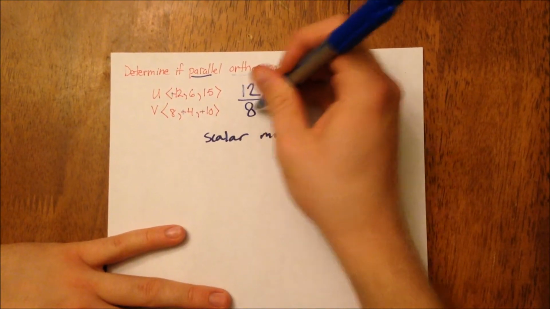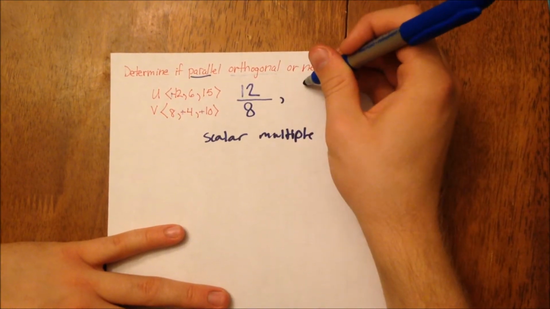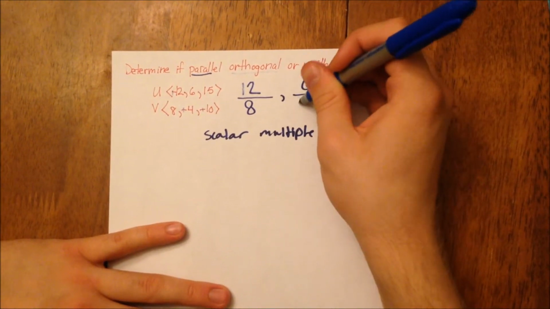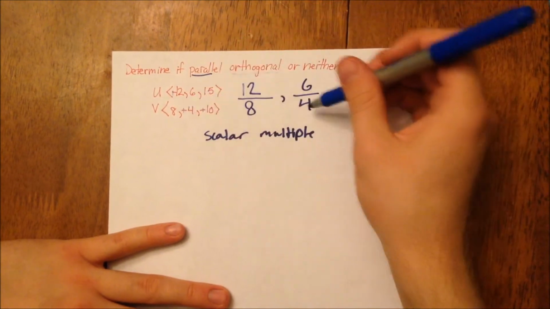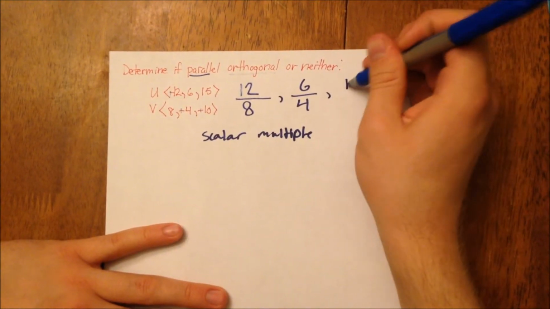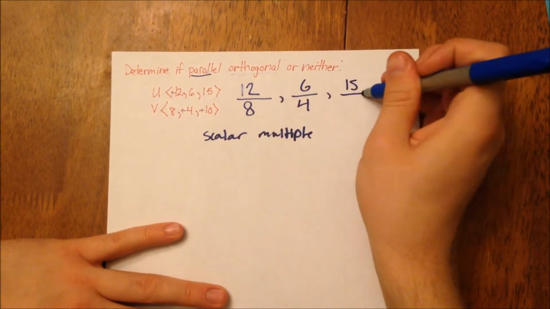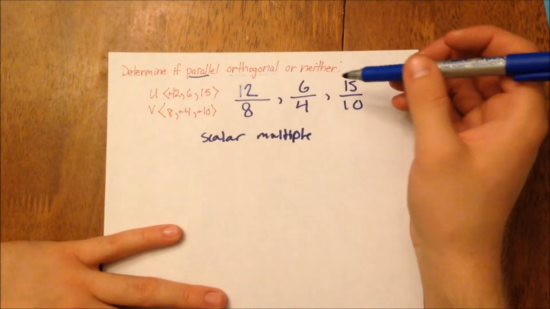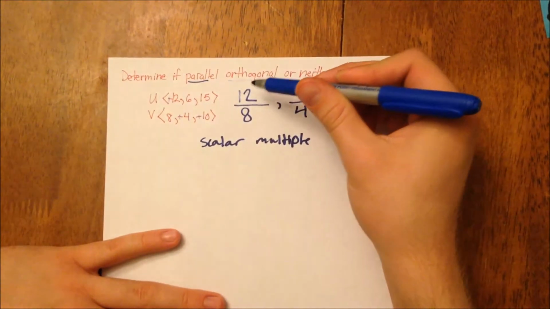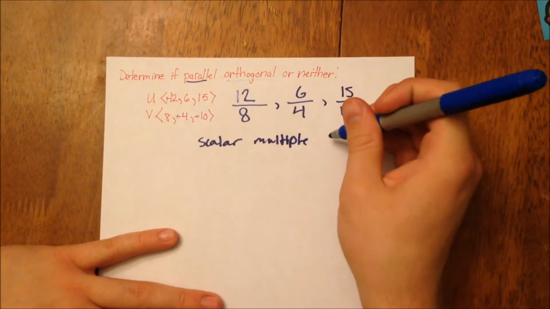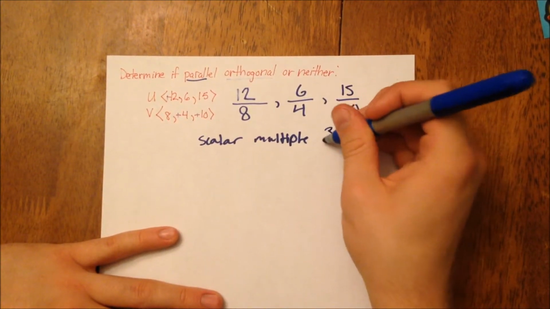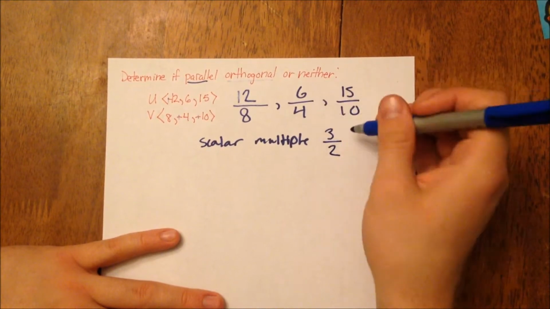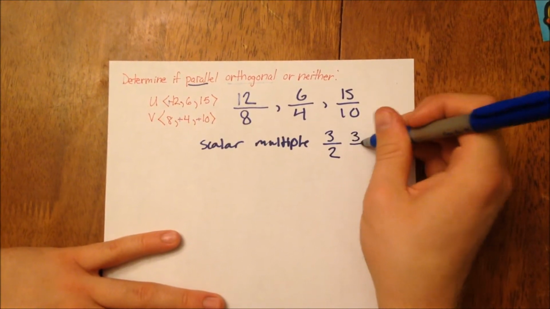So then we'll throw 8 on the bottom, go to our next set, 6 on top, right there, 4 goes there, and then 15 right there over 10. And then to determine if it's a scalar multiple, all you have to do is simplify this. So 12 over 8 reduces down to 3/2. 6 over 4 reduces to 3/2.